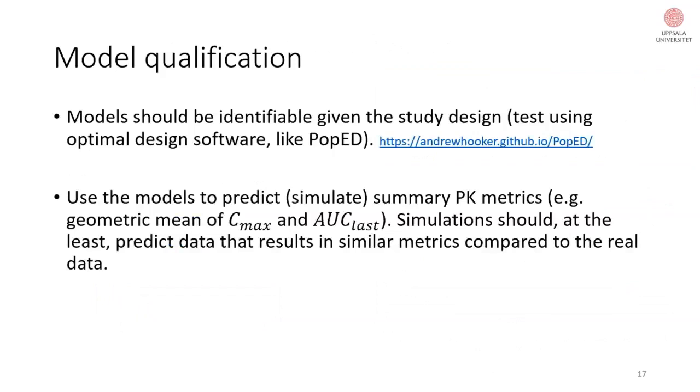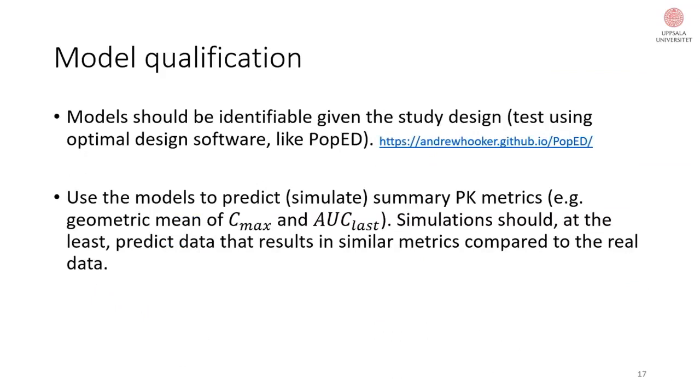So if you have a model or a number of models and you're trying to figure out which models you should include in a model-based approach, then of course one big problem is model qualification. Which models should you be using? Here's just at least 2 points that I think we can discuss. One is that models should be identifiable. All the parameters should be identifiable in the bioequivalence study.